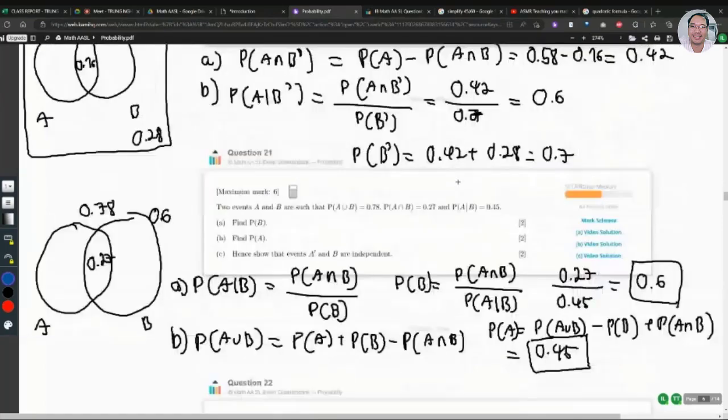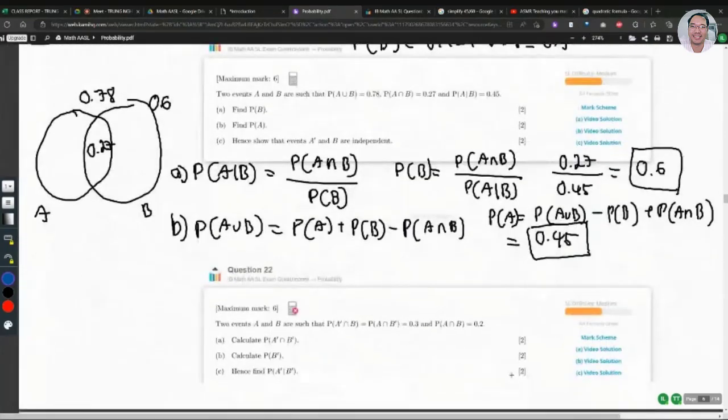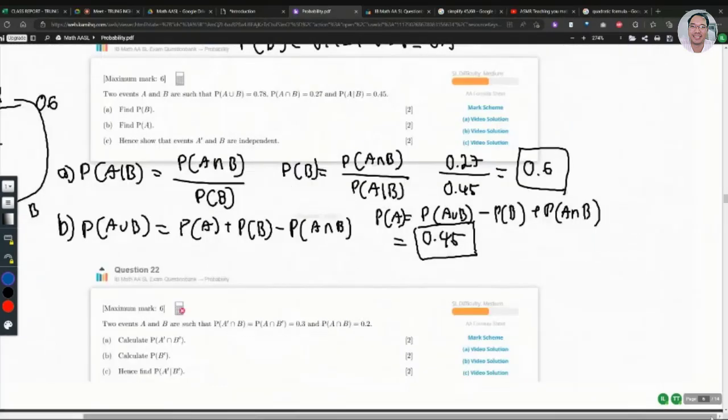Question C. No more space, huh? How should I approach question C? So that event not A and B independent. Okay, two events are independent when the prob of A and B, meaning happening at the same time, will be exactly the same as the sum of their probabilities.